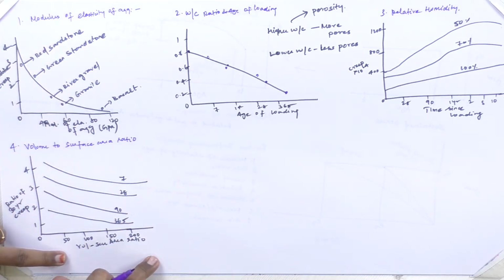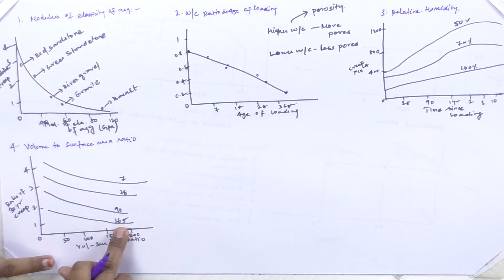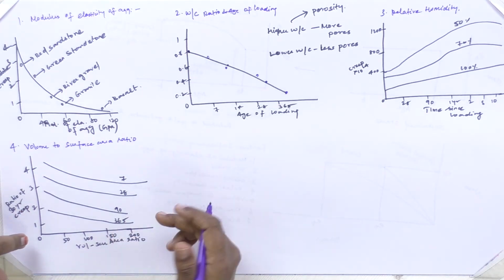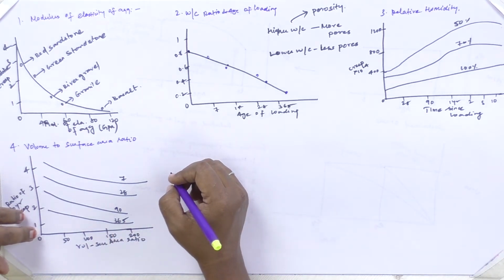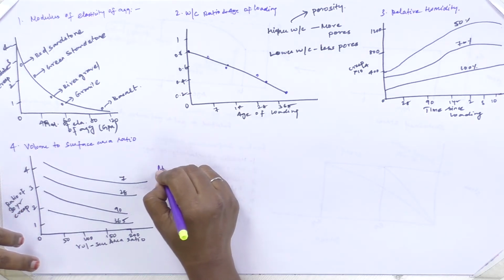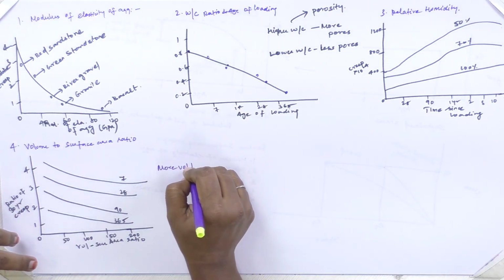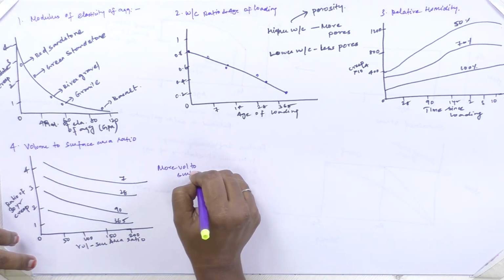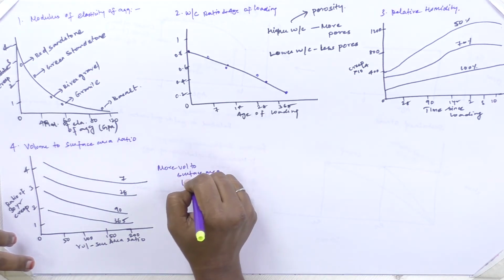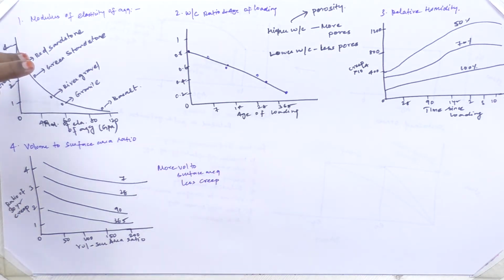If the volume to surface area is more, then the creep will be low. More volume to surface area, less creep.